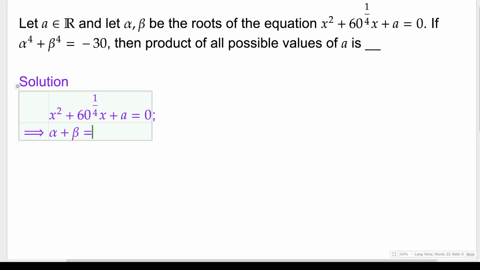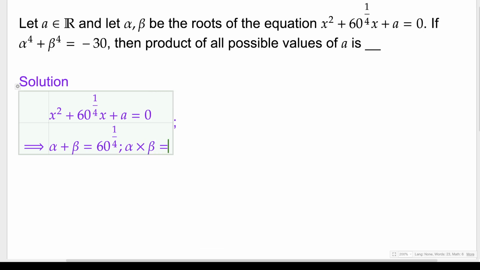So this can be written as 60 to the power 1 by 4 over 1. So alpha plus beta is 60 to the power 1 over 4, and the product of the roots, alpha times beta, is equal to a in this case.